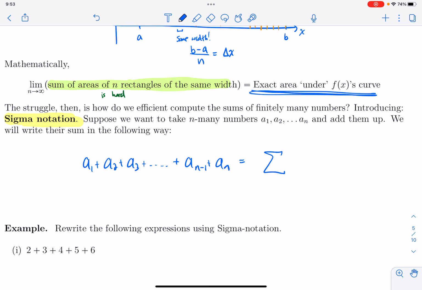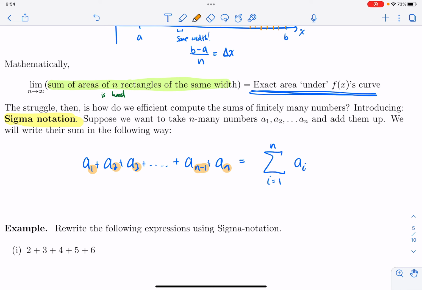What I want you to notice is that over here on the left, the only thing changing is the subscript. So I'm going to introduce a dummy variable, say i, to represent that subscript. So I'm adding up a bunch of a sub i's, and I'll put the bottom down here, as the i's range from 1 all the way to n.